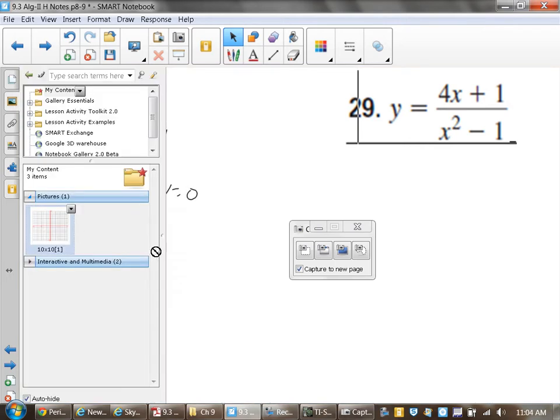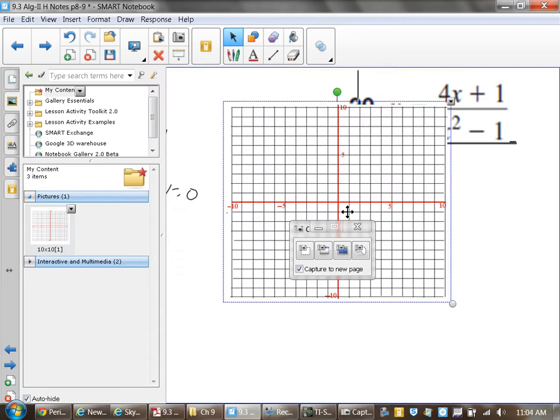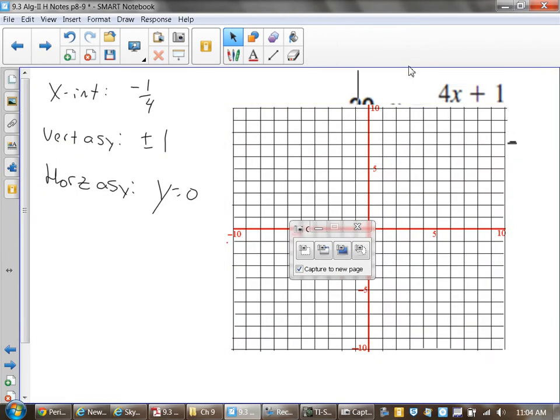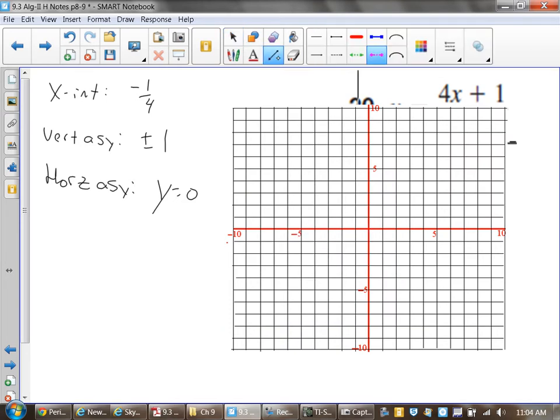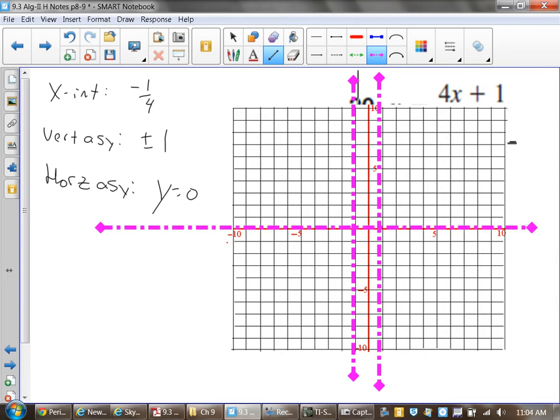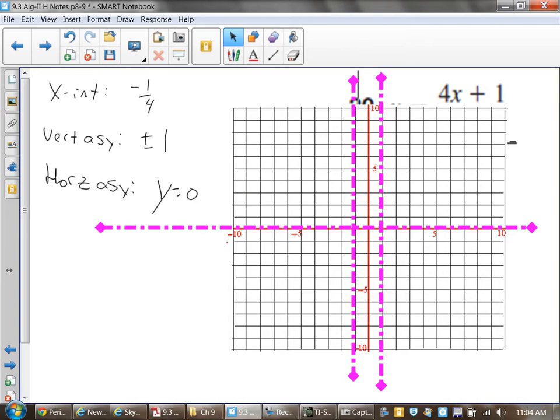Now, when I start to look at this on the graph then, at this point is when you'll be able to use the graph. You've listed out all the important stuff, which means we have the vertical asymptotes at plus or minus 1. We have a horizontal asymptote at 0. Okay? This is one of those problems that splits it among basically 6 different spots within the graph.